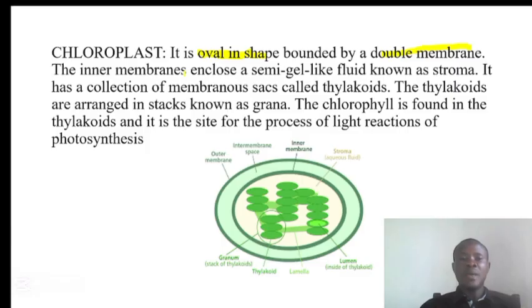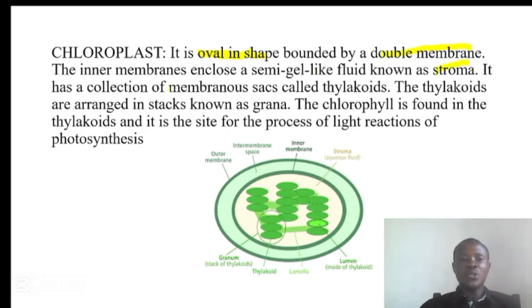The inner membrane encloses a semi-gel-like fluid called stroma. We have stroma in different organelles, for example, mitochondrion. So if you are going to label a stroma, you can say stroma of the chloroplast, stroma of mitochondrion, as the case may be.